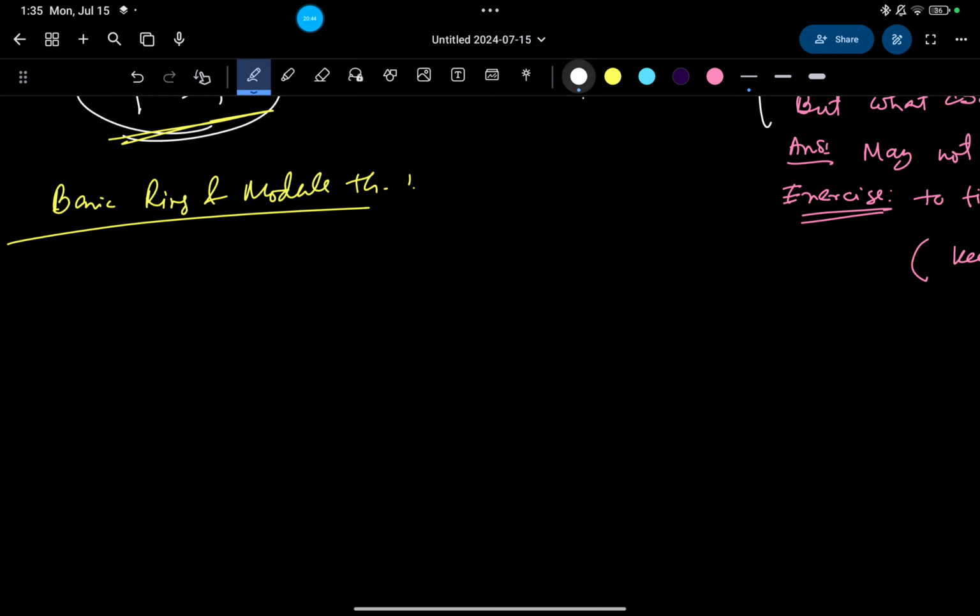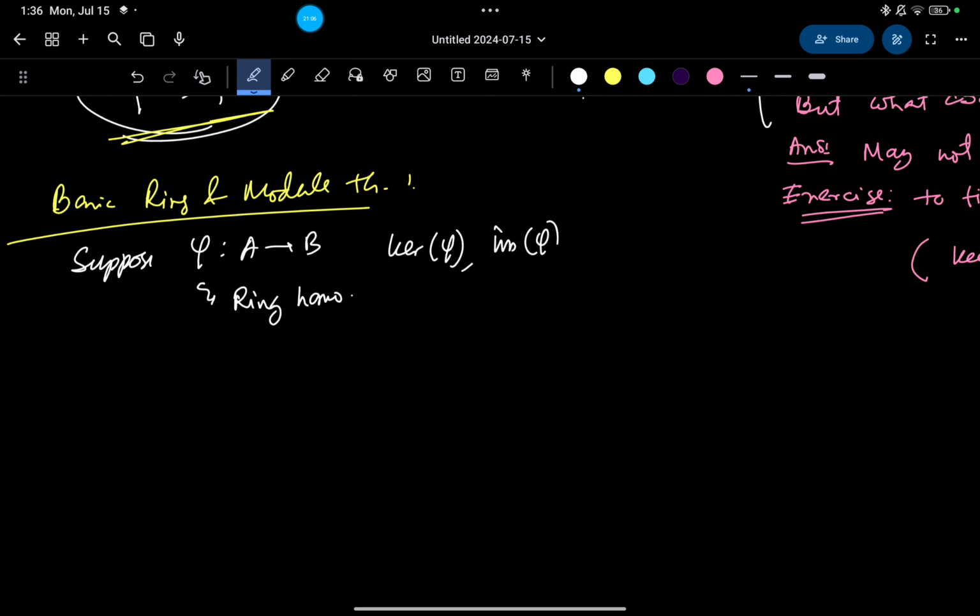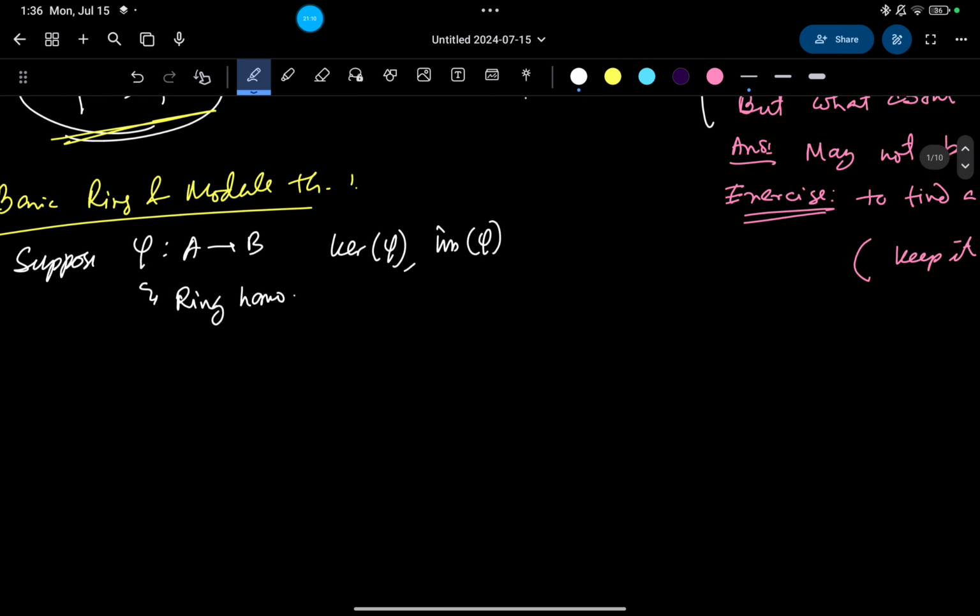So suppose phi from A to B is a module homomorphism. Then we could talk about the kernel of phi. We could talk about the image of phi. We could talk about the co-kernel of phi.